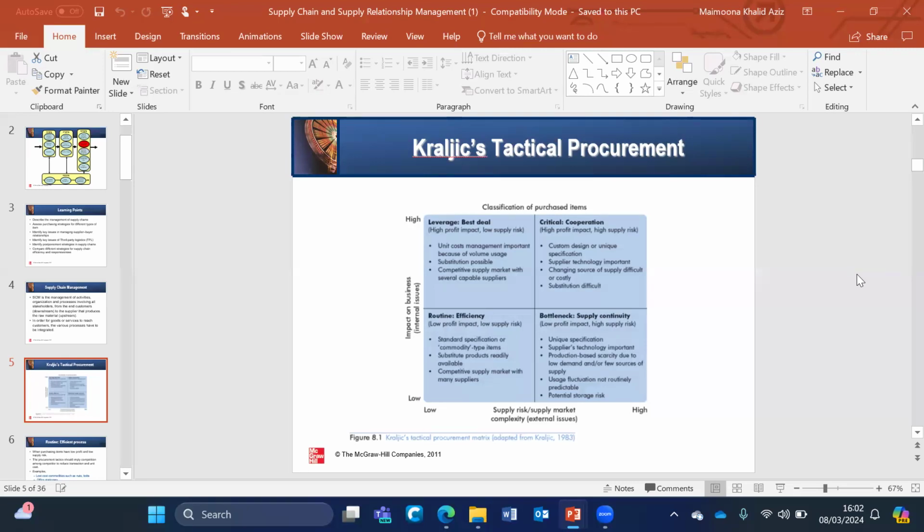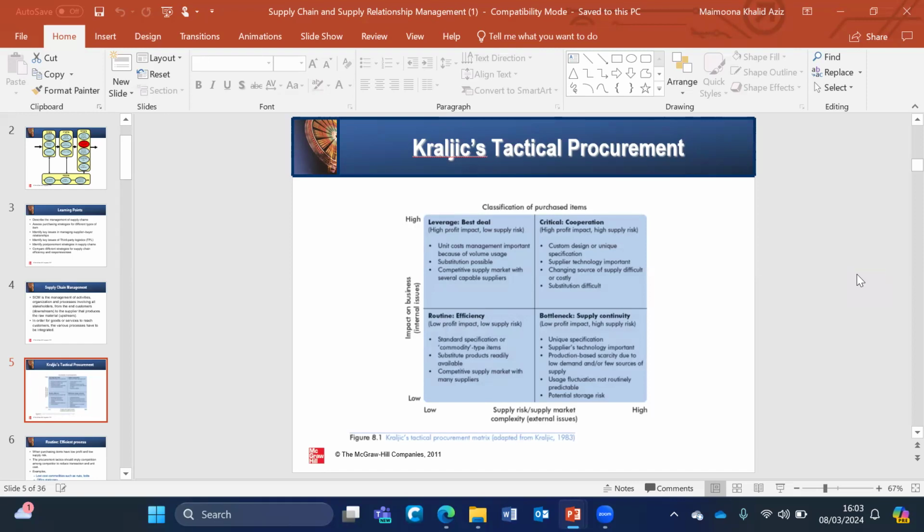Now, this means that the low profit impact, that means the profit won't be impacted that much, but the supply risk is high. That means once you get that product from the supplier, and in case there is an issue, or in case there's a halt in your supply, this would create a bottleneck in your business, and that would cause you some problems.